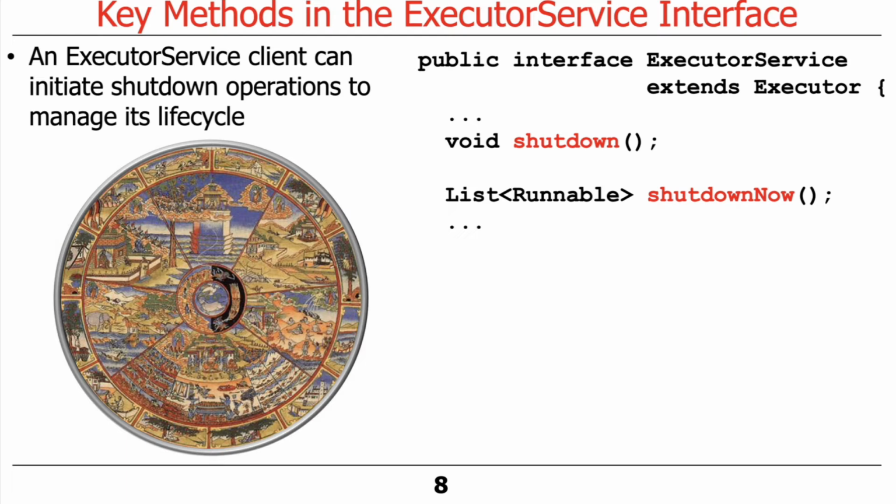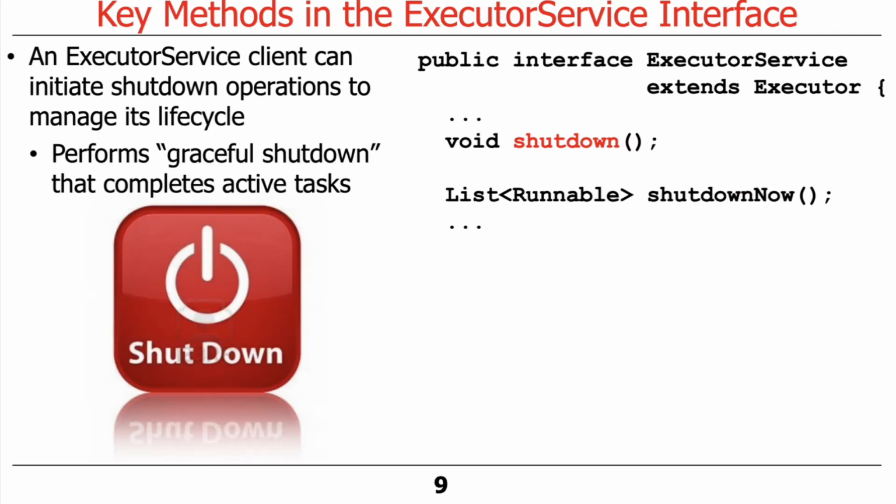Now, a client of the Executor Service, that is a program that you might write or somebody else might write, can initiate shutdown operations to manage the life cycle of the service as well as the tasks running in the service. That's done with these two shutdown methods. Shutdown, without anything else after it, performs what's known as a graceful shutdown.